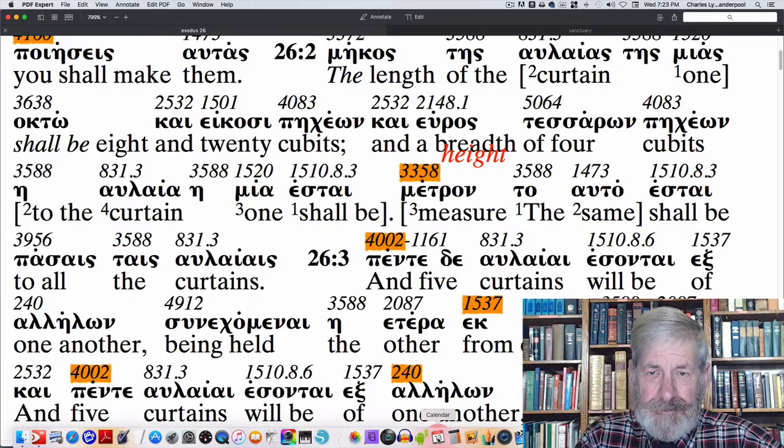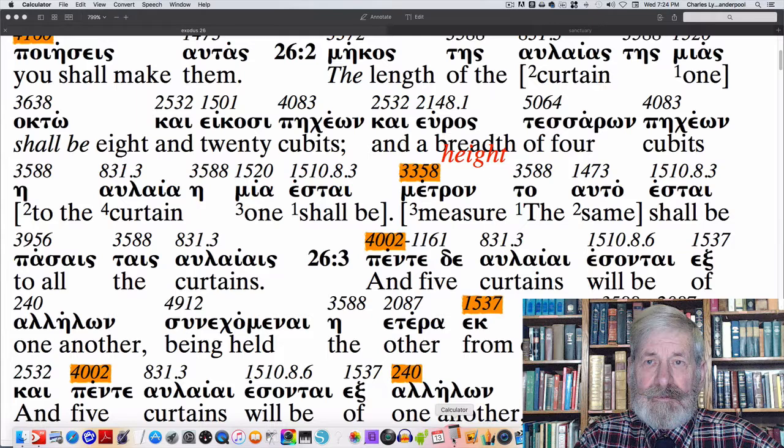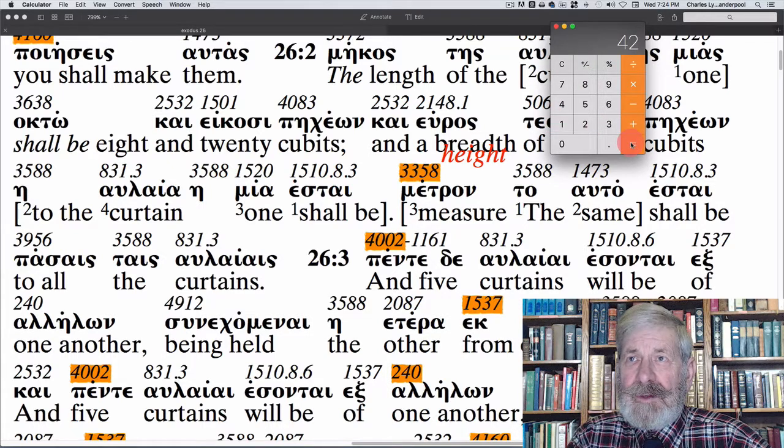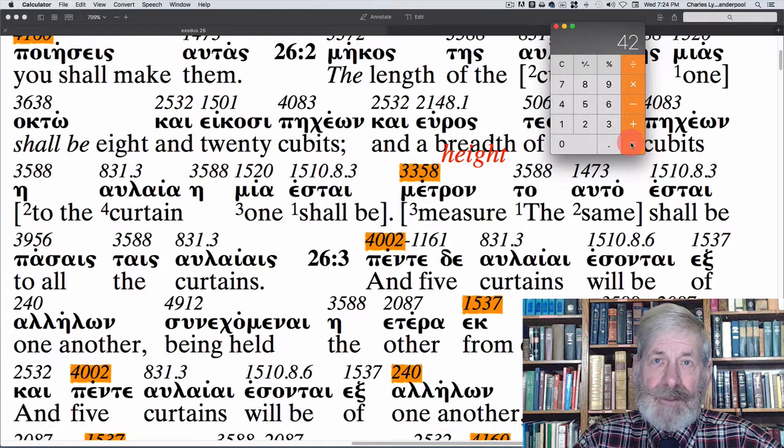Let's do it. 28 times 18 divided by 12 is 42 feet.